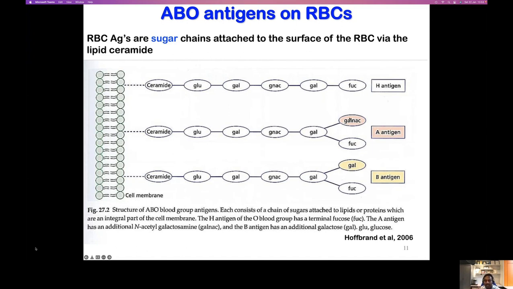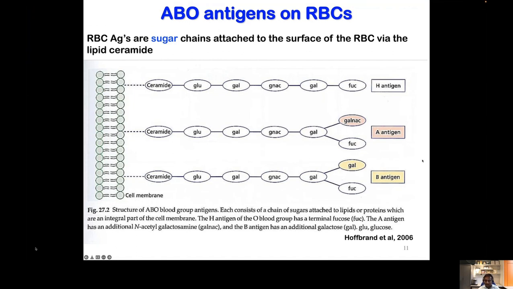And then A antigen will have N-acetyl galactosamine in the terminal region, and that's what classifies this blood as A blood group. And then in B blood group, they will have a galactose sugar molecule at the end, and that's what determines this blood as B blood group. And then in AB, both of these molecules will be present.